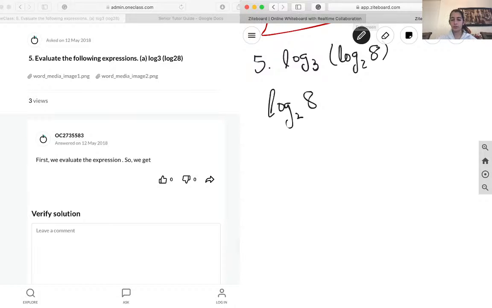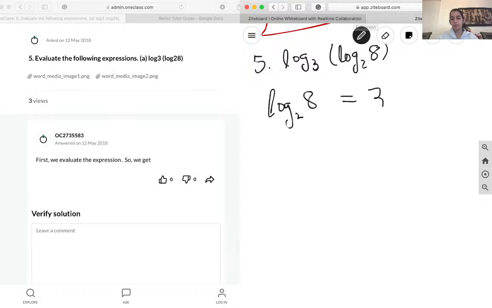You could put it in a calculator, but I'd rather think of it as to what power does 2 have to be raised to get 8? So 2 raised to the power 1 is 2. 2 raised to the power 2 is 4. 2 raised to the power 3 would equal 8, which means that this is equal to 3.